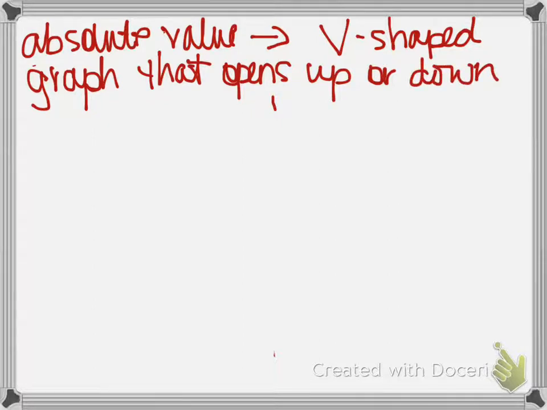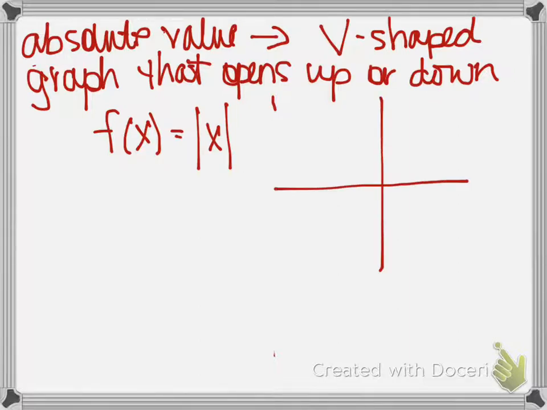And the most basic absolute value function would be the function absolute value of x. And that looks like this on the graph. It hits here at (0, 0), because if you put in 0 for x, you're going to get 0 out. And then it looks like this.